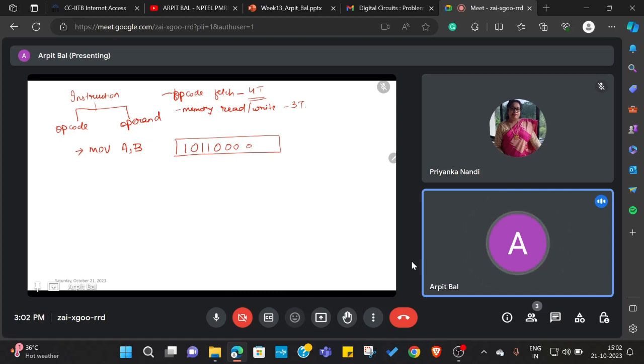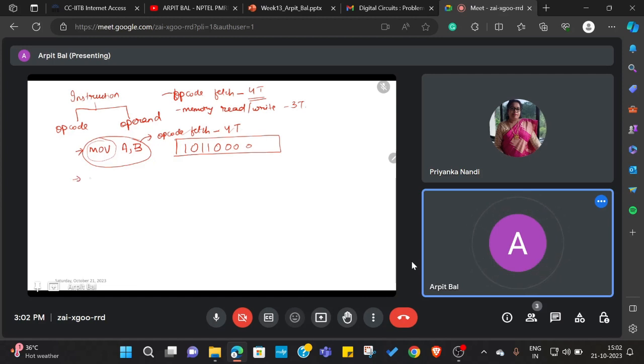There is a particular instruction assigned to MOV A, B. So whenever it is fetched, not only MOV but MOV A, B as an instruction is fetched as a whole. In this particular case there will be only opcode fetch, which will take 4 T states.